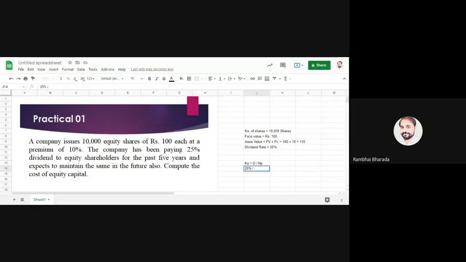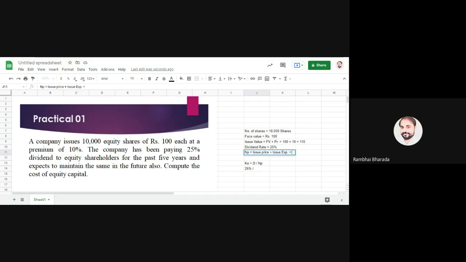So please remember, NP, net proceeds, is equal to issue price plus issue expenses, if we have any.